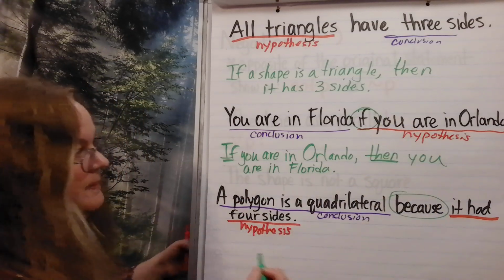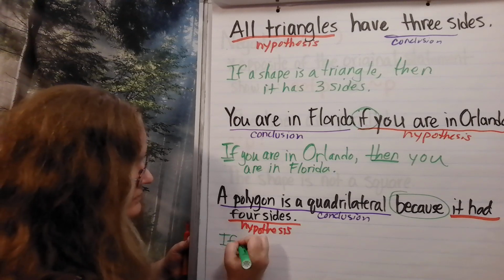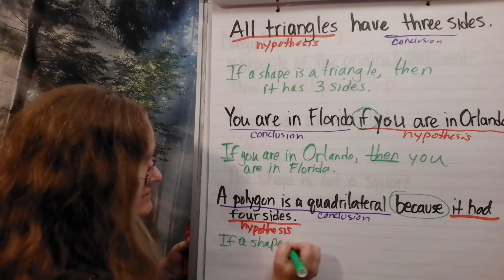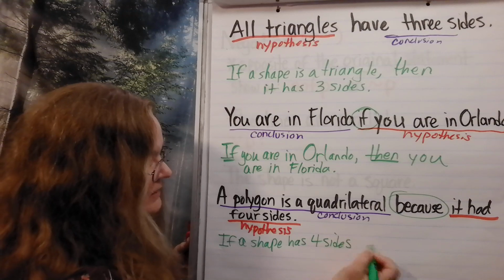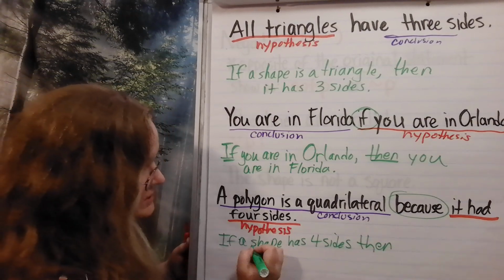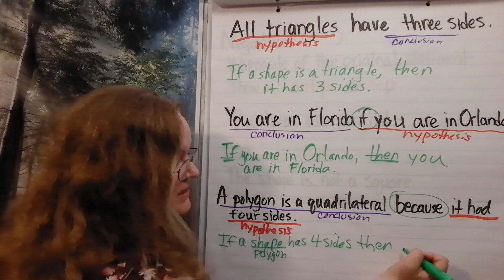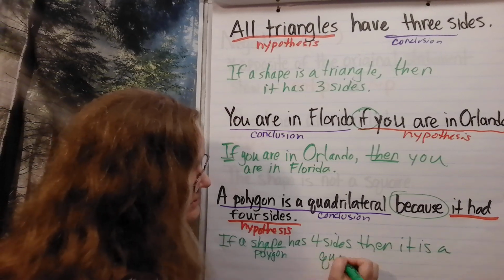So: if a shape has four sides, then, and I probably should have used the word polygon here, if a polygon has four sides, then it is a quadrilateral.